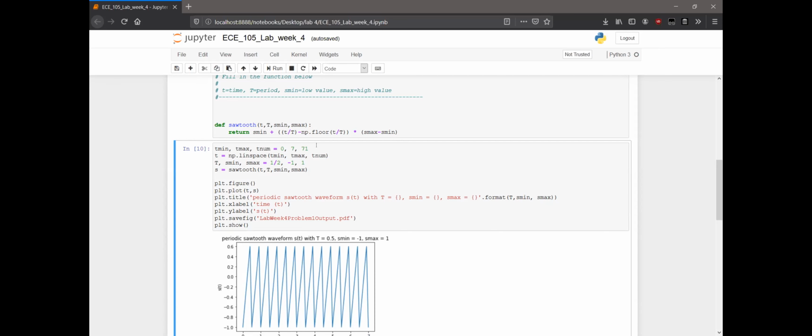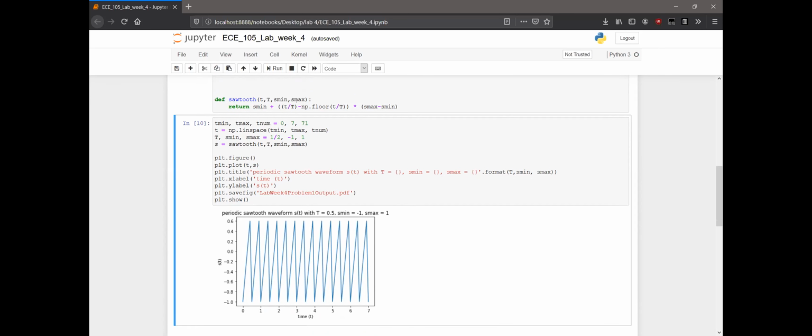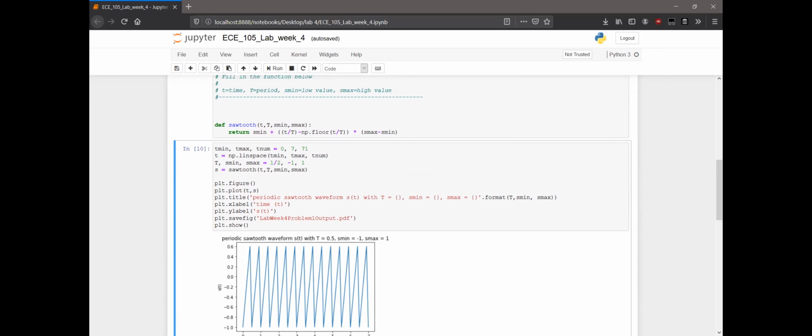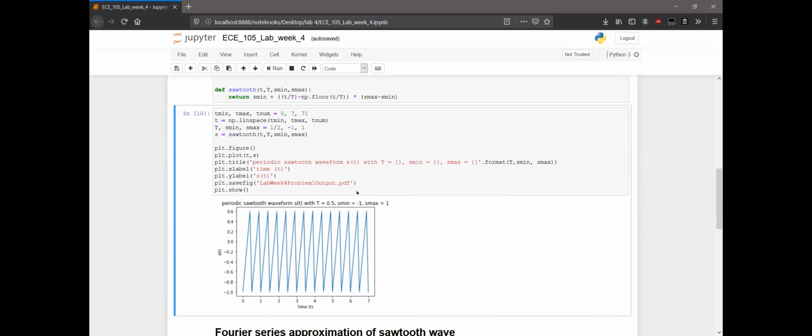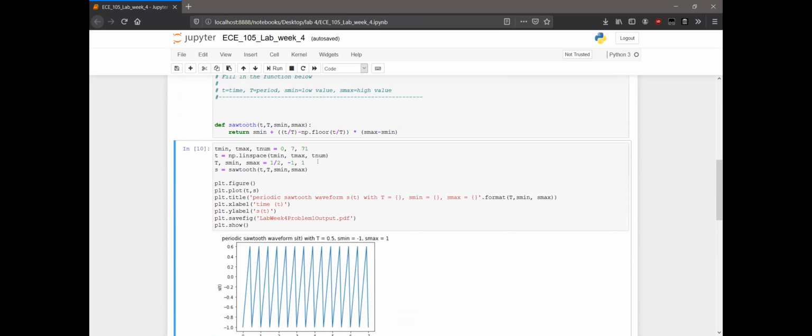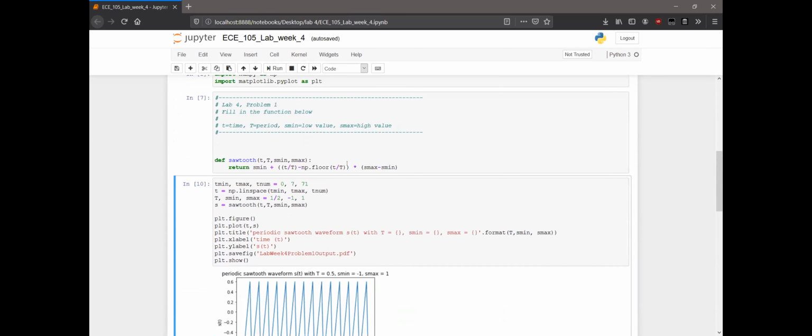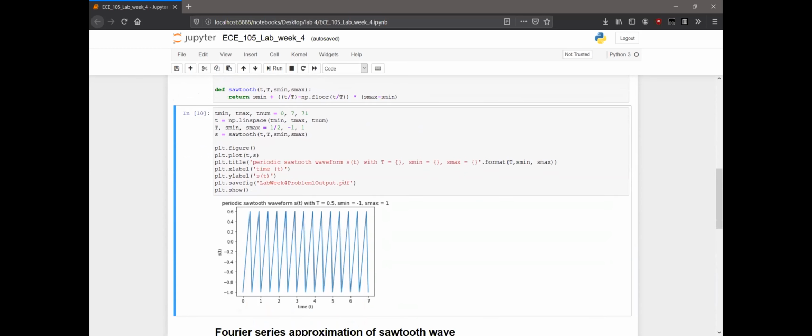So let's take t equal to half. Interesting. T min is 0, T max is 7, and you have 70 points in between, I believe. And 12.6.